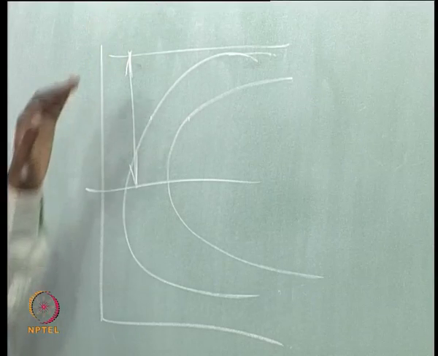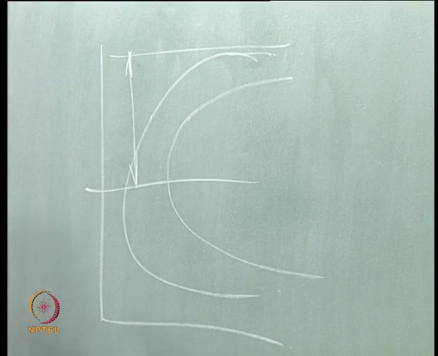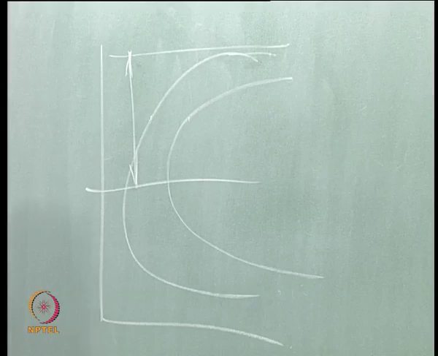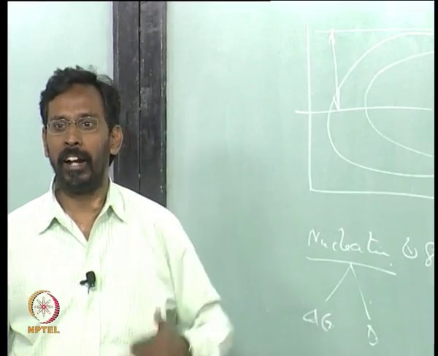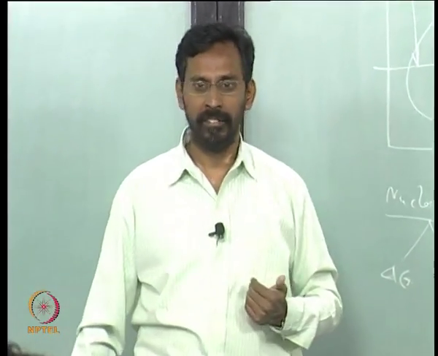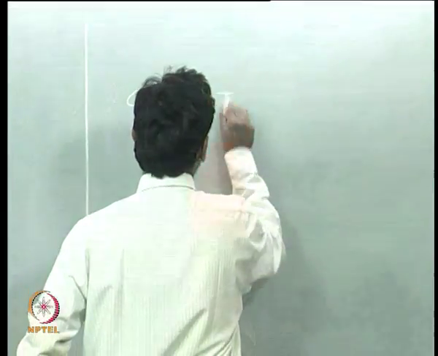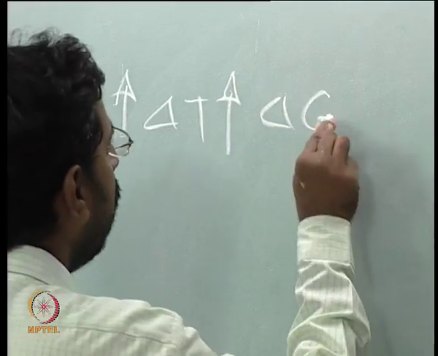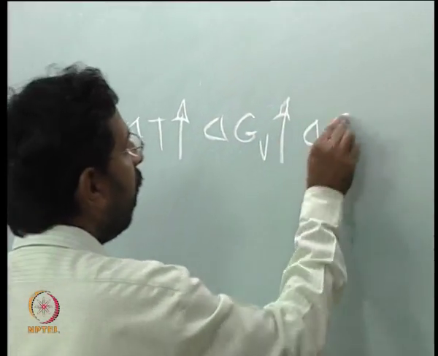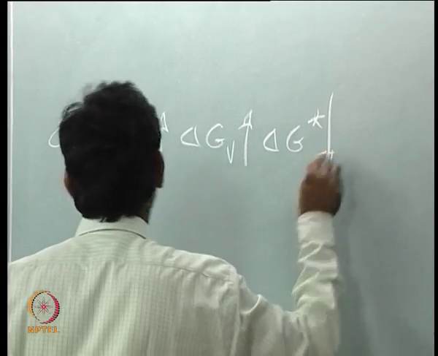As I keep on increasing the delta T, that means the cooling rate, I am increasing the undercooling, and so I am increasing the delta G. So cooling rate is proportional to delta T, which is proportional to delta G, and as a result delta G star decreases.